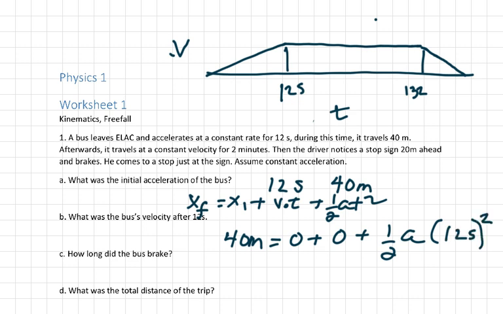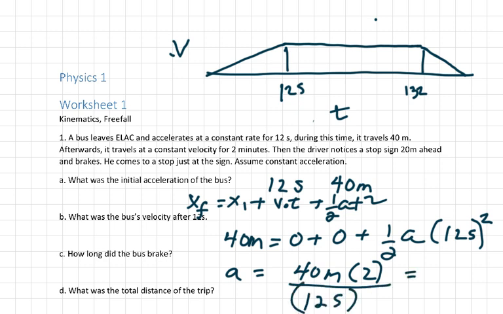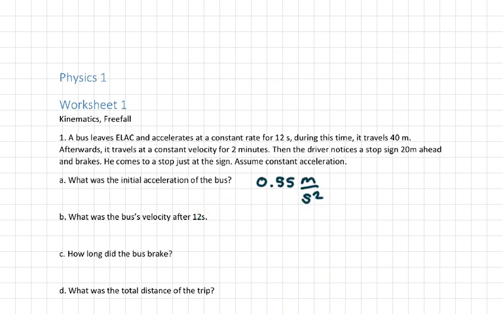And what do I mean by quantity? I mean the whole quantity, the 12 and the seconds. So a is going to be equal to 40 meters times 2 divided by 12 seconds quantity squared. Let me determine. I think it's 0.55 meters per second squared. Okay, so that's that.